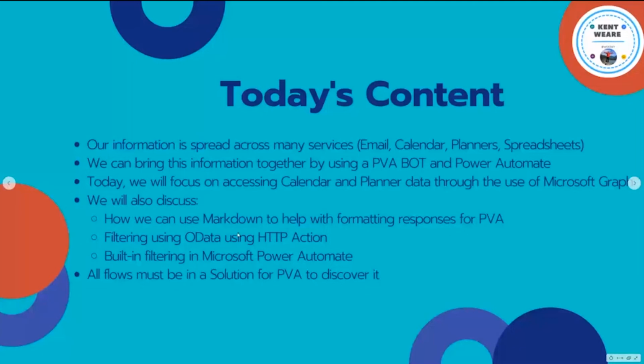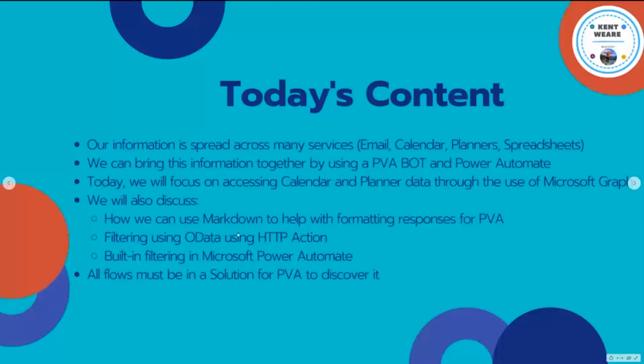And so today what we're going to do is call that API by using Power Automate, and we'll see some of the out-of-box experiences with how we plug a bot into Power Automate. And then we'll kick off that flow and provide some level of data manipulation and formatting, and then return a clean data set back to our end user. On top of that, there's a few other things we're going to talk about.